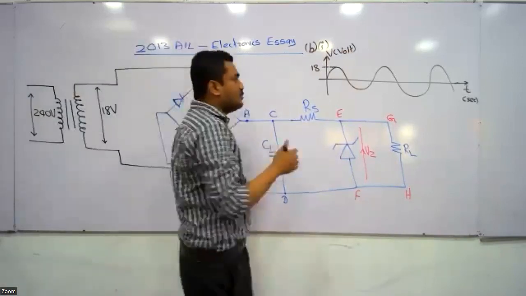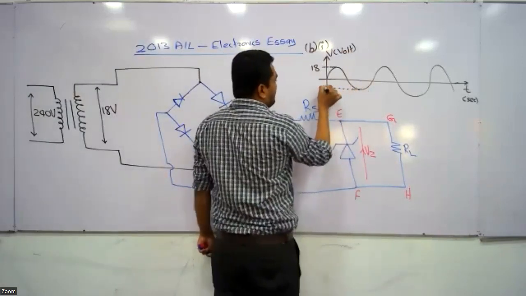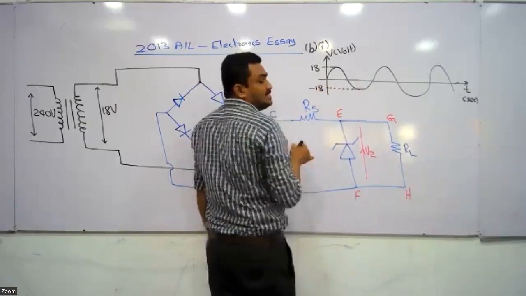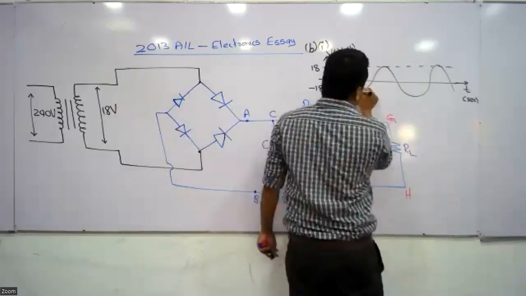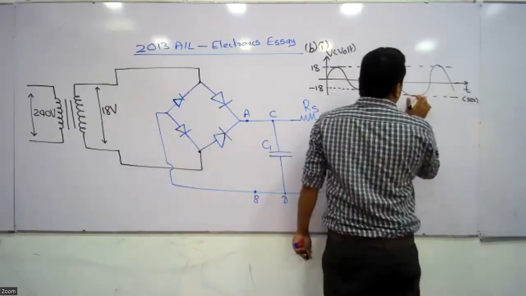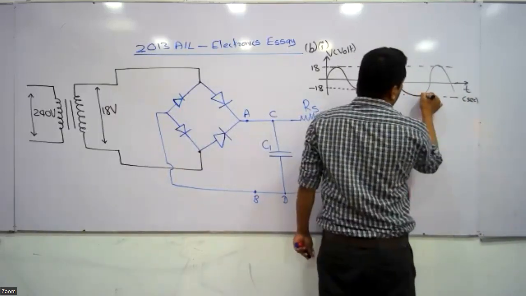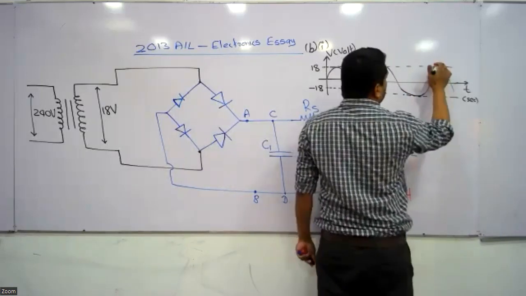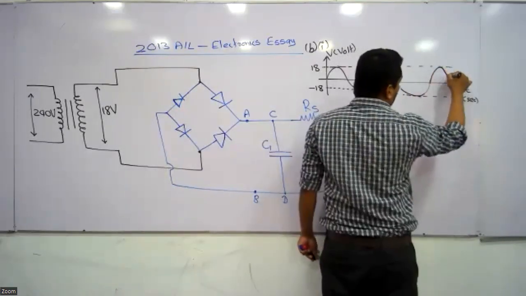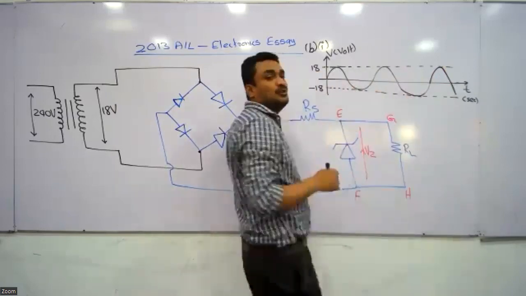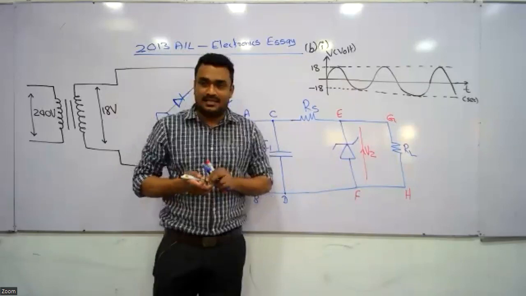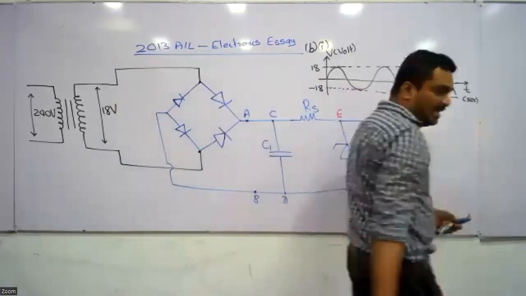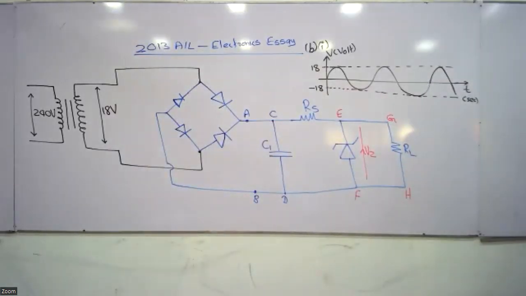It's an alternating voltage, so it changes between plus 18 and minus 18. It's better if you produce these dotted lines. In the examination, they have given full marks even if you have not marked this 18, but I would like you to draw the dotted lines and mark plus 18 and minus 18. That is B Roman number 1.